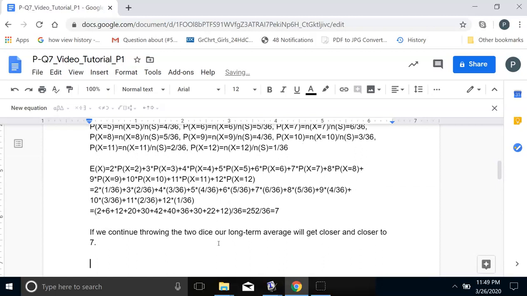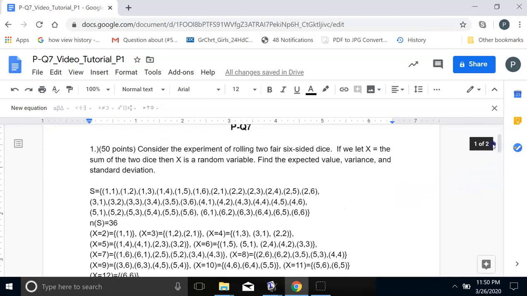If you threw the 2 dice 1,000 times and averaged the sum of the 2 dice, it'd be very close to 7. Okay, so we've done the expected value. Let's do the variance next.